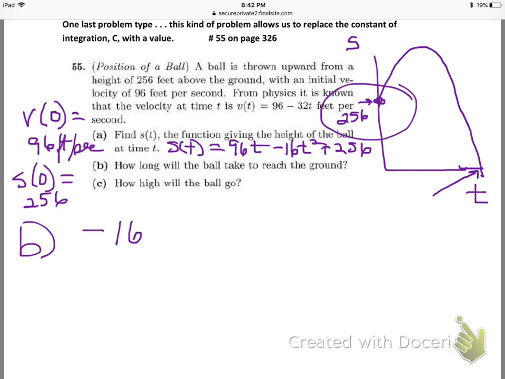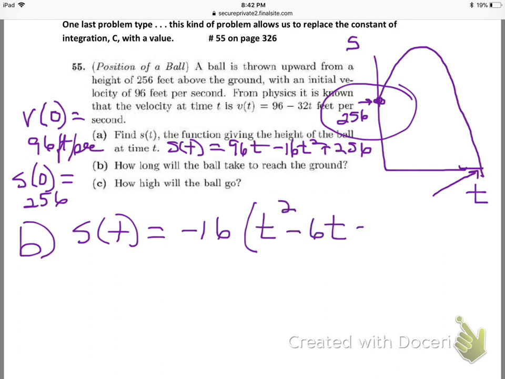Now let me go back for a sec. I'll set that up better. Okay, so I have s of t equals negative 16. I want to have the t squared in front, so that's going to be t squared minus 6t minus 16. Set that equal to 0.